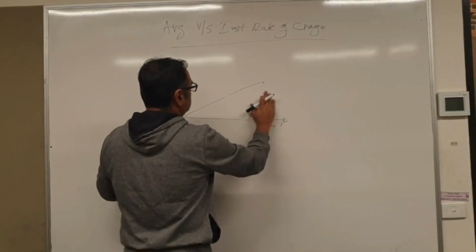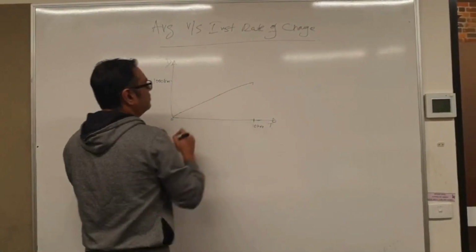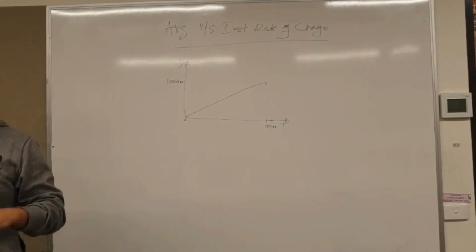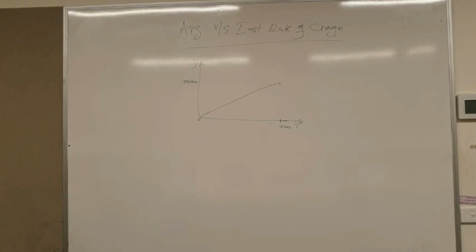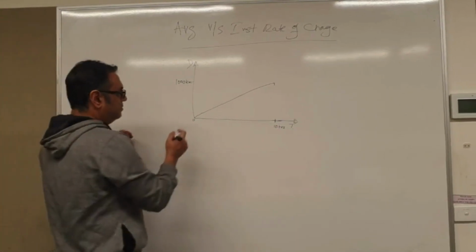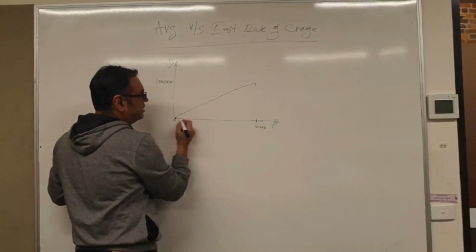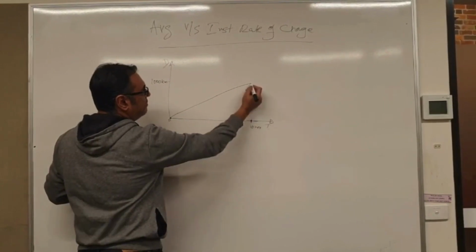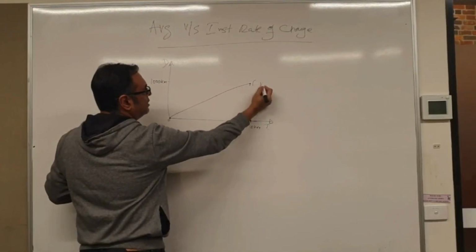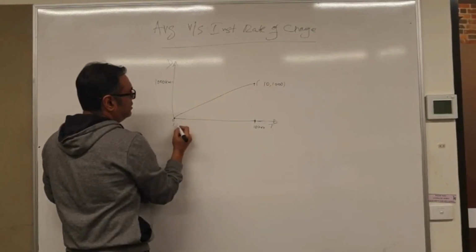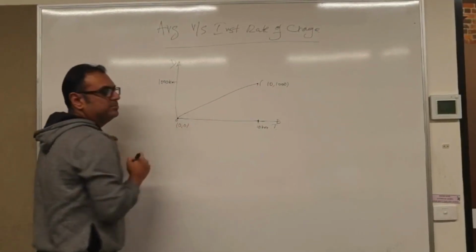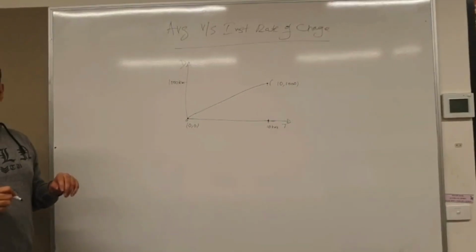If I ask you, how much was your average speed here? Distance over time. So you'll say, okay, from started here, ended here. So this point is 10, 1,000, and this point is 0, 0. Right?